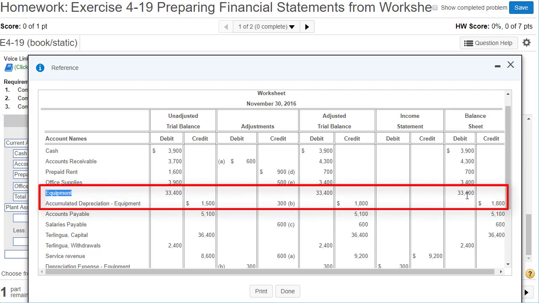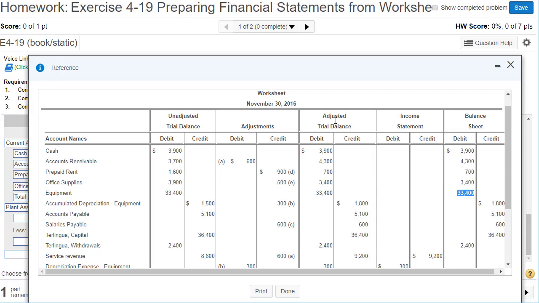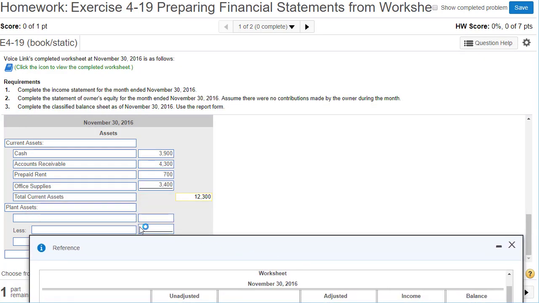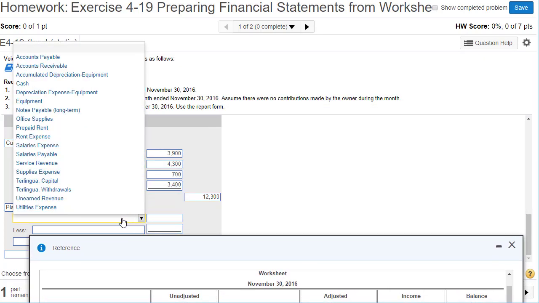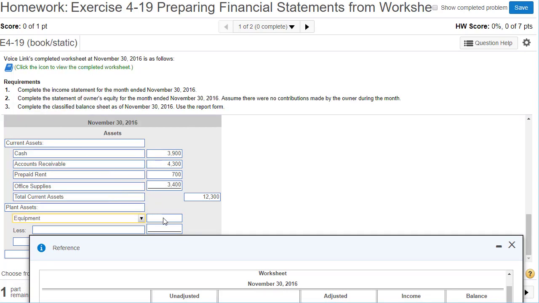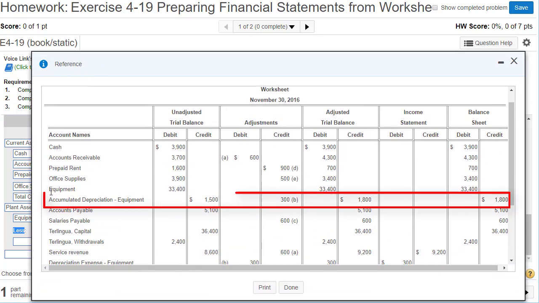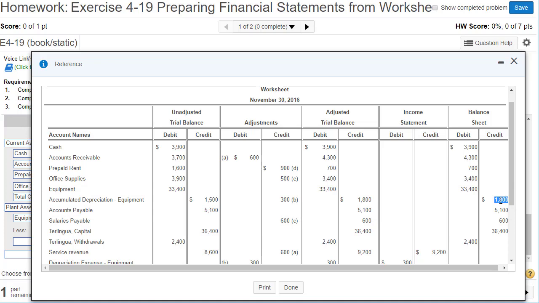So we're going to start with equipment. We've got $33,400 of equipment. It's a plant asset because we do not expect to use it up or turn it into cash in the next 12 months. And then notice the label "less," that's reminding you that we need to subtract our accumulated depreciation. So the accumulated depreciation on the equipment is $1,800.